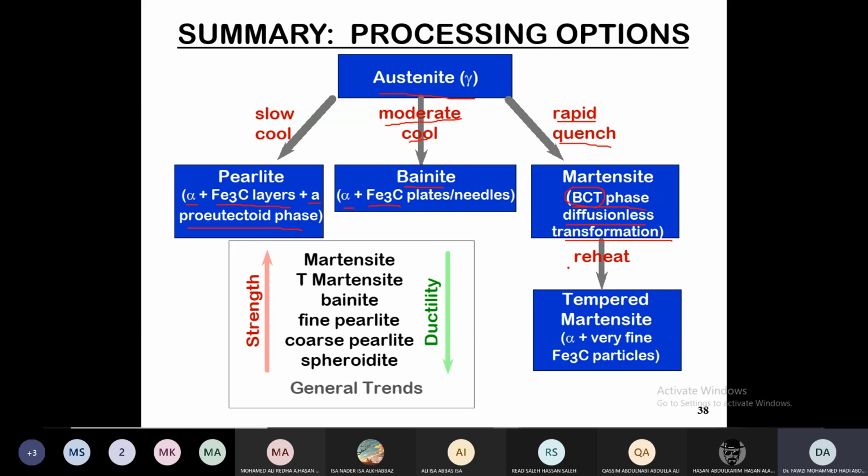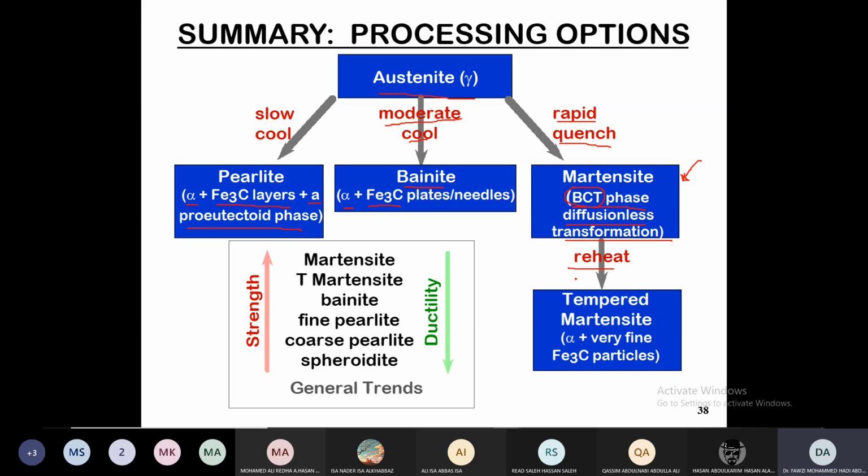And as we know, that is a metastable phase, and that's why, when we dealt with the martensite phase, we said that metastable phases in general cannot be used in high temperature applications. So if you reheat that, it is going to transform. The BCT crystal structure is going to become bigger.